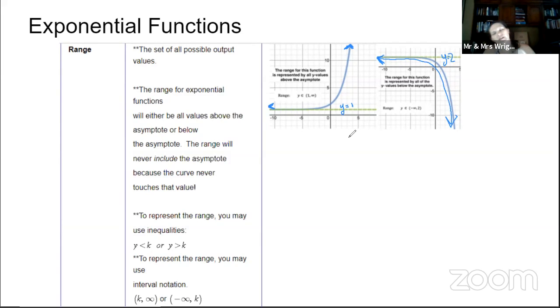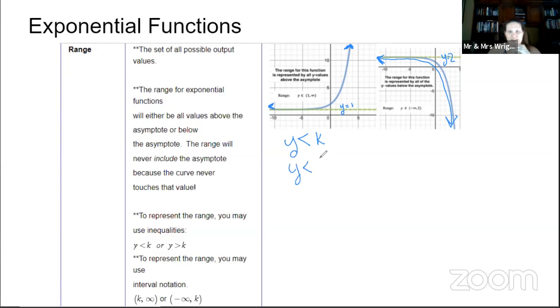So this range cannot be all real numbers because it doesn't go to infinity in both directions. So we need to figure out how to write this with its limiter included. So you could say y is less than whatever k is. In this case, k is 1.